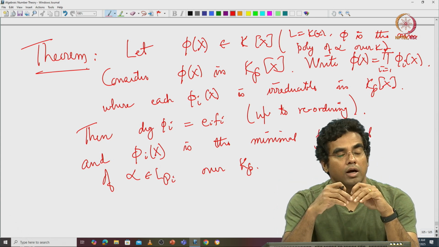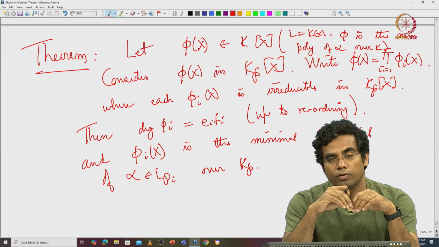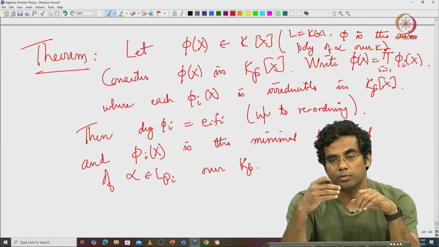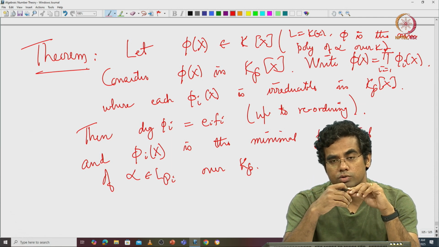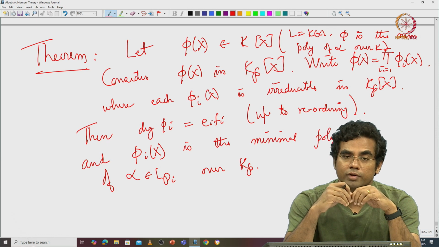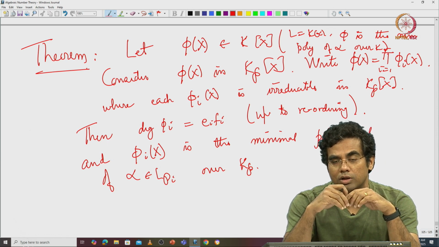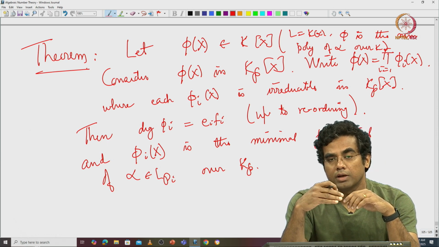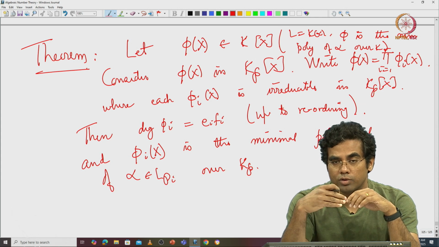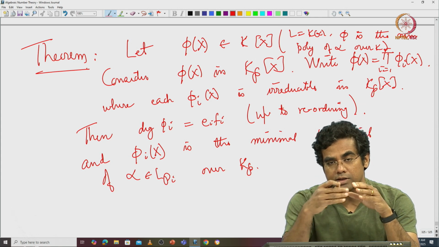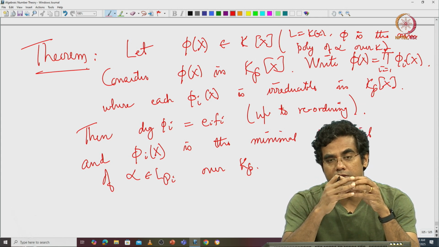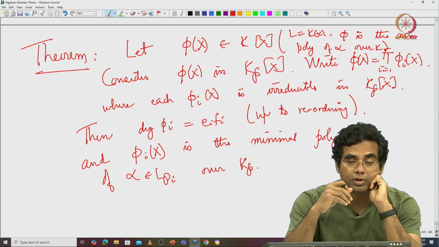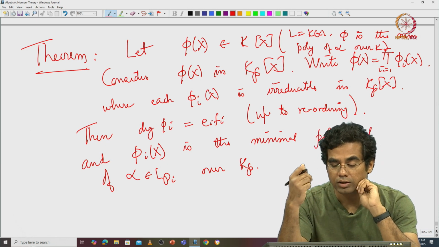If you take square root of 2, then the minimal polynomial of square root of 2 over Q is x squared minus 2. But if you consider the minimal polynomial of square root of 2 over the quadratic extension Q(square root of 2), then it is just x minus square root of 2, right, it is not x squared minus 2.